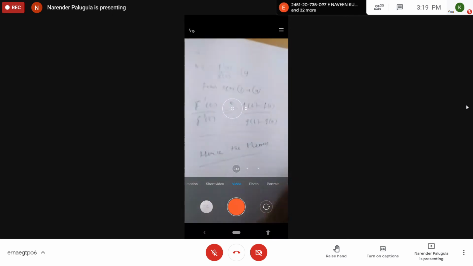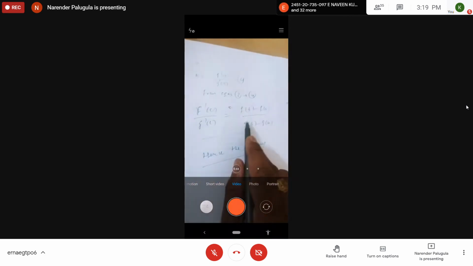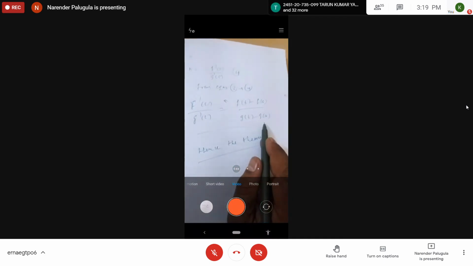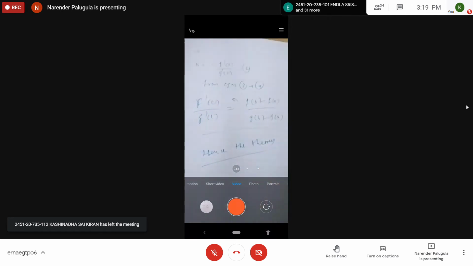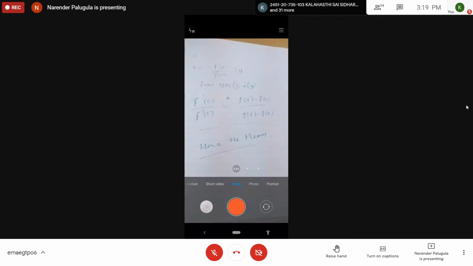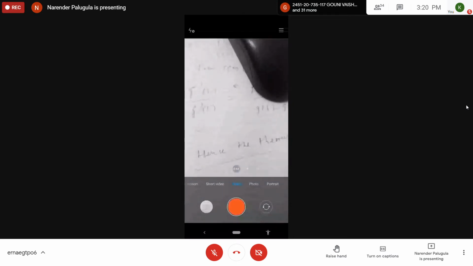Finally, we showed that f dash c by g dash c is equal to f of b minus f of a by g of b minus g of a. So this is the proof of Cauchy mean value theorem. Till now we discussed three important mean value theorems. In Lagrange's mean value theorem, f dash c is equal to f of b minus f of a by b minus a, but Cauchy's theorem is a combination of two functions.